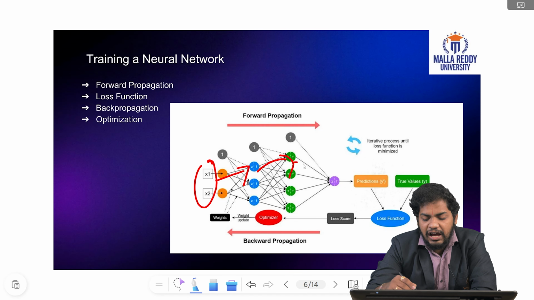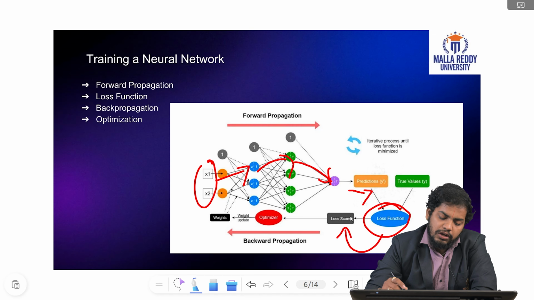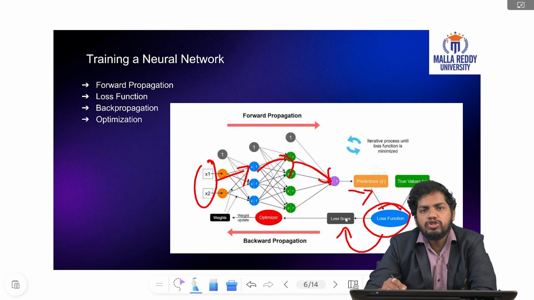Upon this, we have an output produced from all the hidden layers, and this output gives a prediction. This prediction is compared with a true value that is already known, and a loss function is computed.